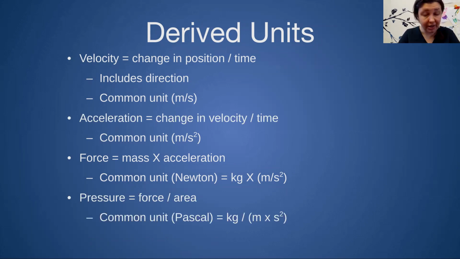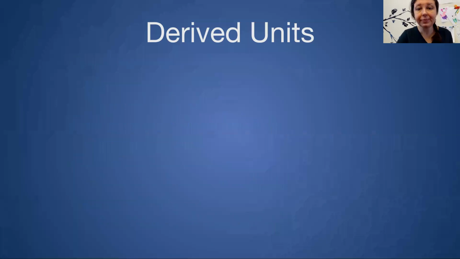And pressure is a force over an exerted area. So in that case, it's going to be my mass times my acceleration, or my meters per second squared, divided by my area.